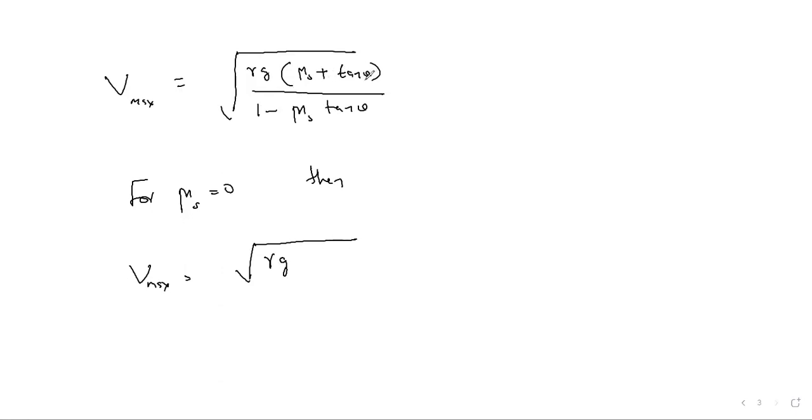Plus tan theta means 0 plus tan theta is the same as tan theta only. In the denominator, mu s is 0, and 0 into any number is 0, so mu s into tan theta becomes 0, and the denominator becomes only 1. Clear, right? Divided by 1 is no change. So for mu s equal to 0, v maximum equals square root of rg tan theta.